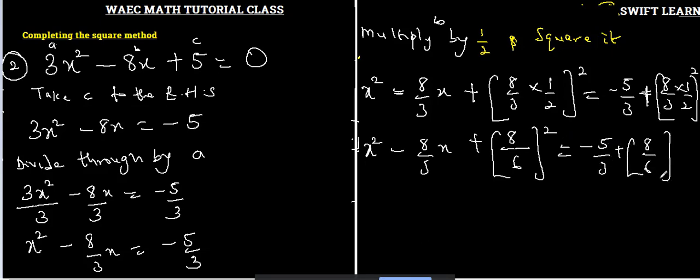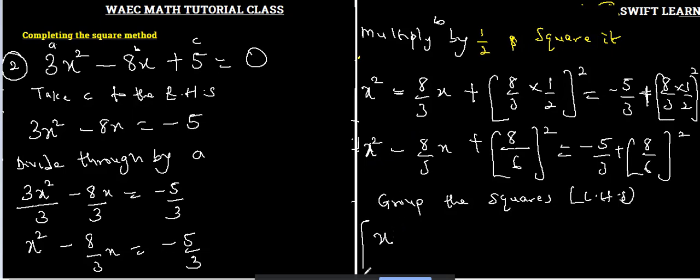Now the next step is to group the squares for the left hand side. Left hand side is the one here. These two terms have squares, you pick them. This is x. Which sign are we going to use? We are going to use the sign of the b. As I said earlier, if the b is minus, you use minus.